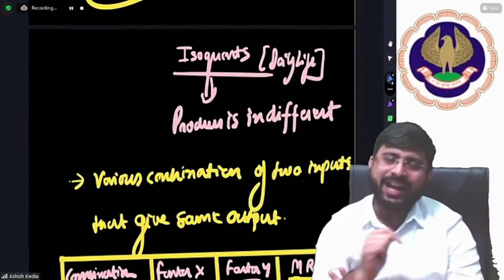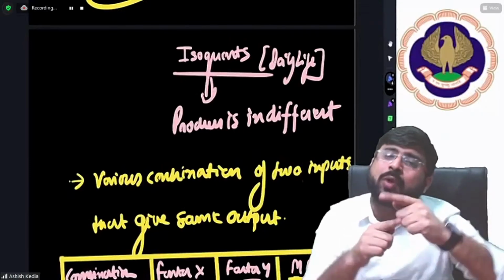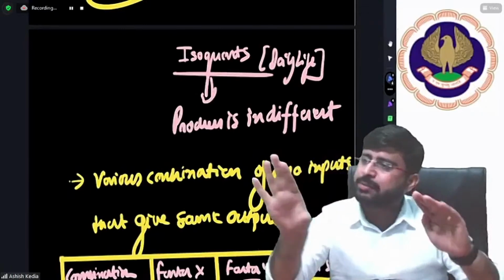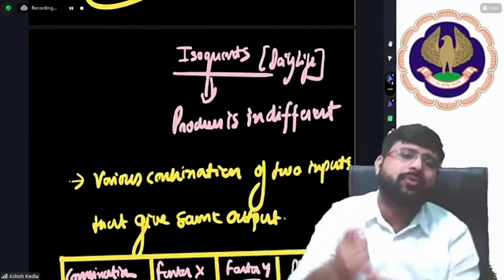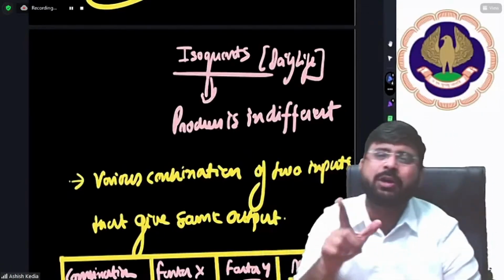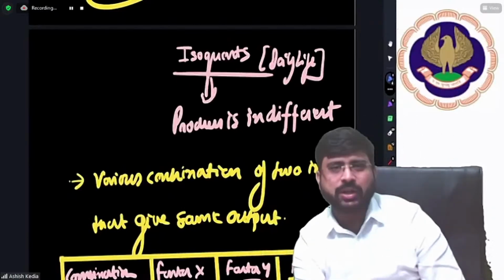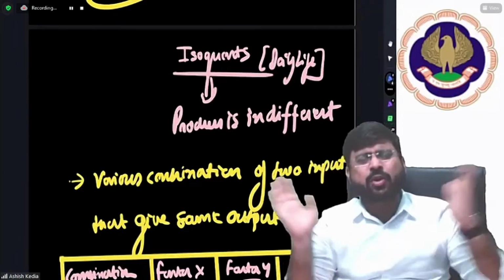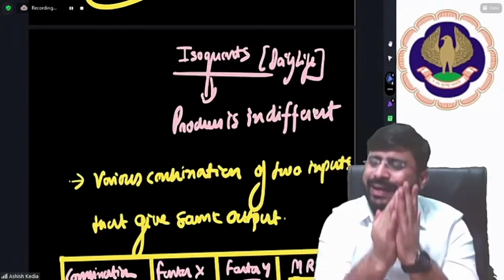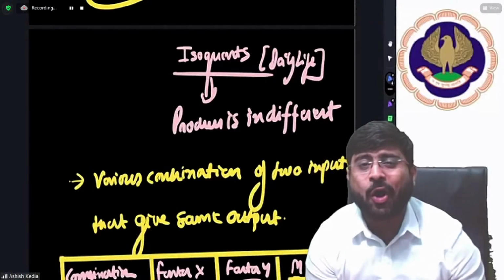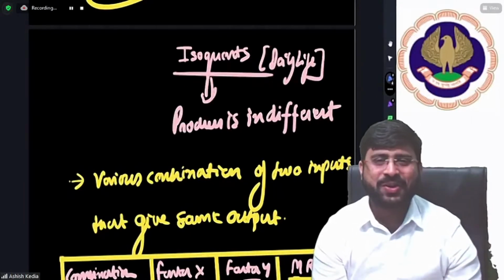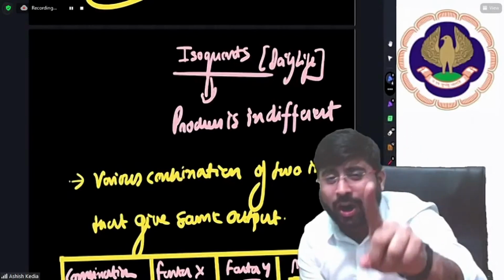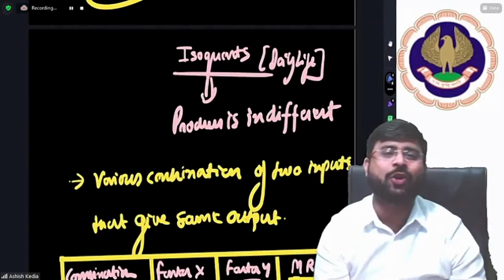Iso-quant is various combinations of two inputs, let's say labor and capital, like 8 units of labor and 2 units of machine, or 1 unit of labor and 5 units of machine, or 7 units of labor and 3 units of machine. Many combinations of labor and capital, all resulting in the same quantity of output being produced.